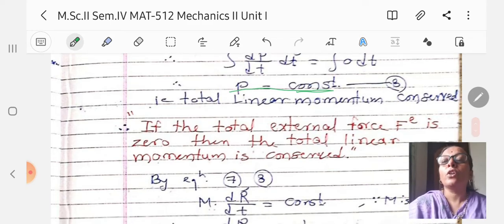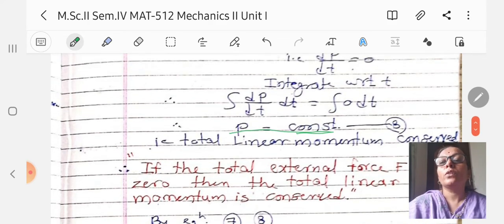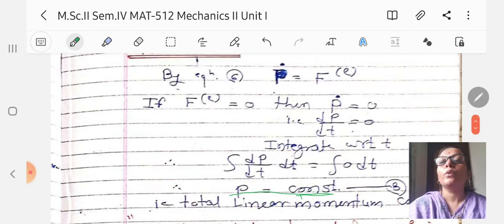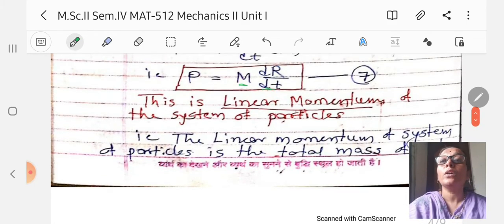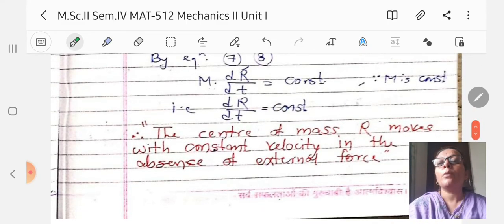We can write this law again as: if the total external force Fe is 0, then the total linear momentum is conserved. Now by equations 7 and 8, equation 8 is P equal to constant, and equation 7 was P equal to m into dr by dt. Since P is constant, m into dr by dt equals constant, where m is constant.